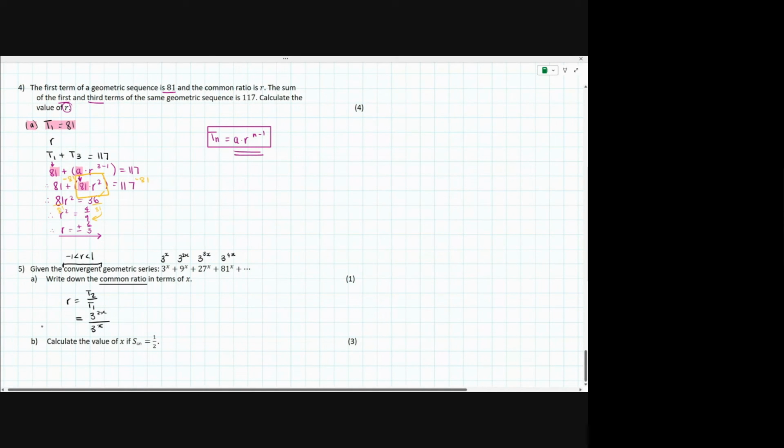Writing those values as base 3s allows you to apply your exponent laws a lot easier. Exponent laws tell me when I divide, I subtract exponents. 2x minus x gives me an r value of 3 to the power x. And so that is what r is in terms of x. So just seeing that pattern, seeing that you can write them all as base 3s makes your life a little easier as you go on.